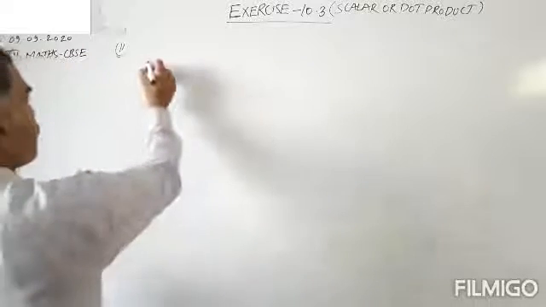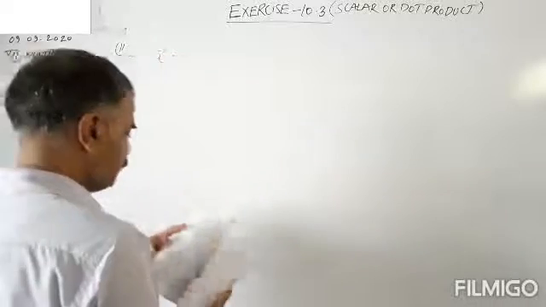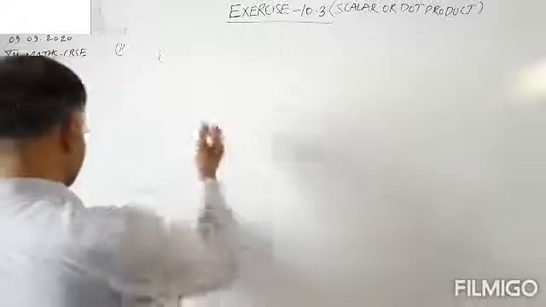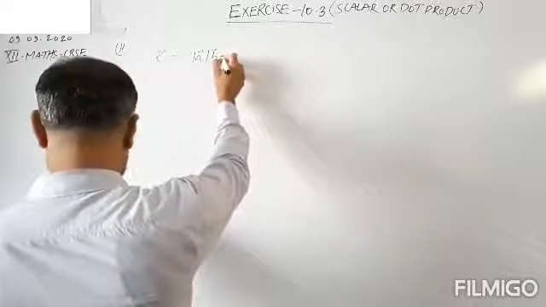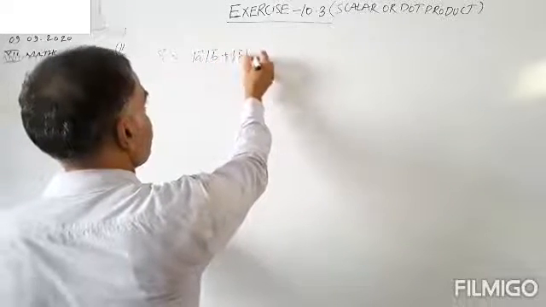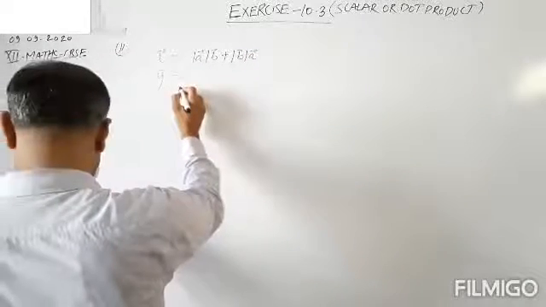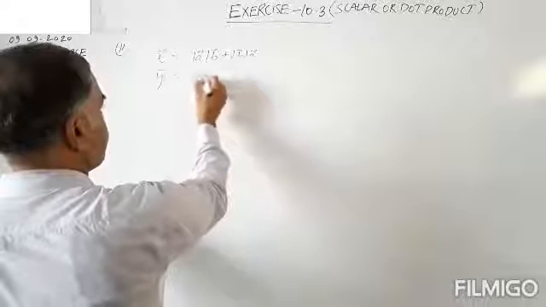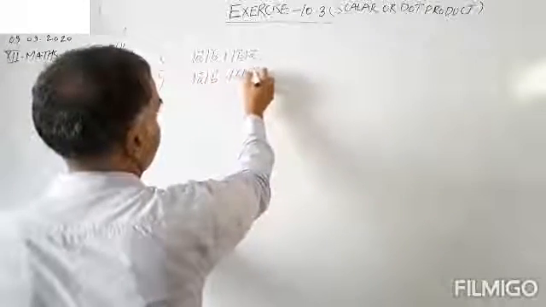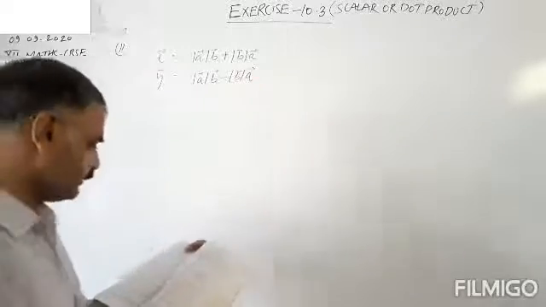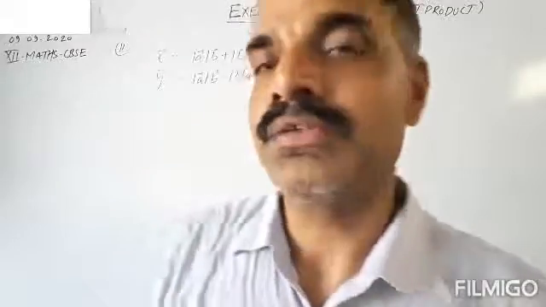The first vector is given as x vector, x vector is given as modulus a vector times b vector plus modulus b vector times a vector, and y vector is given as modulus a vector times b vector minus modulus b vector times a vector.